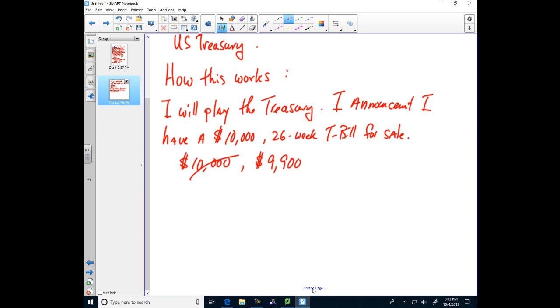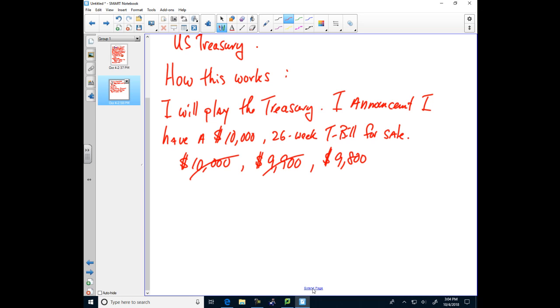Anybody taking that? Okay, that didn't work either. How about, is anybody interested in that price? Keep in mind, whatever price you bid here, you're getting $10,000 back. The difference between what you have to buy it for and the $10,000 is your interest. Does everybody see how that works?